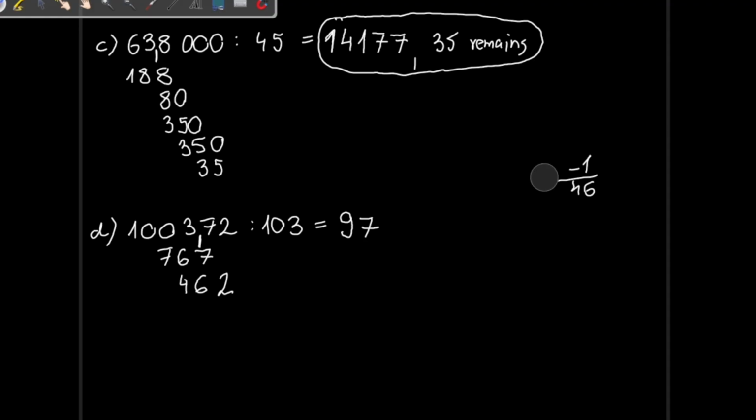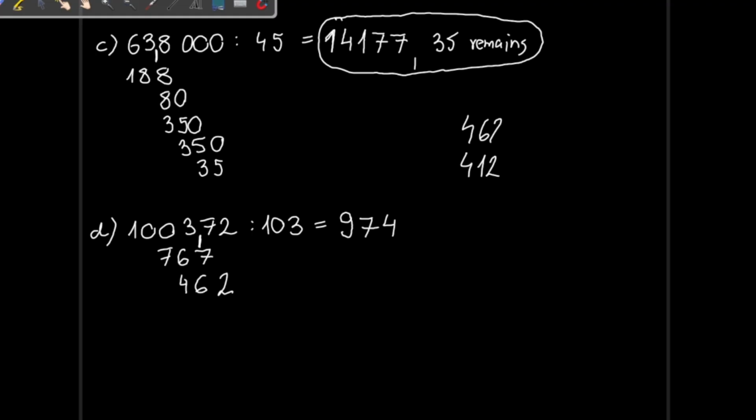Now we can divide 462 4 times. Since 4 times 103 is 412.